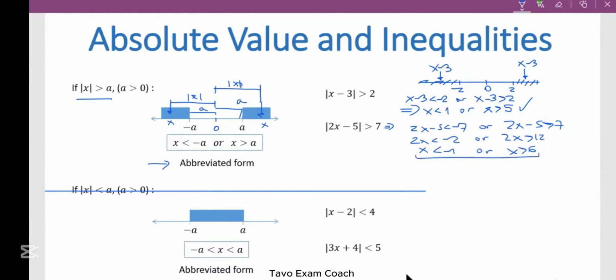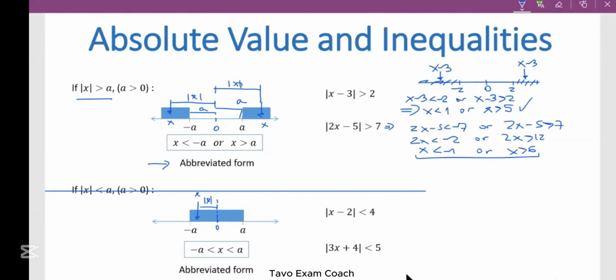Let's see the other case. The second case is when you have the absolute value of an expression less than a certain positive number. That means, if we interpret this geometrically, that the distance from x to 0, this distance, the absolute value of x, is less than a units.